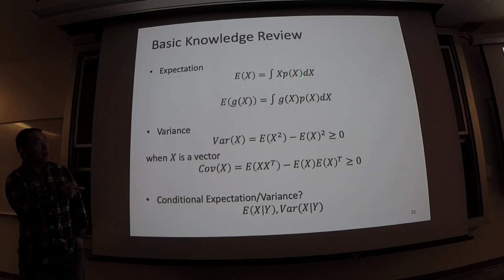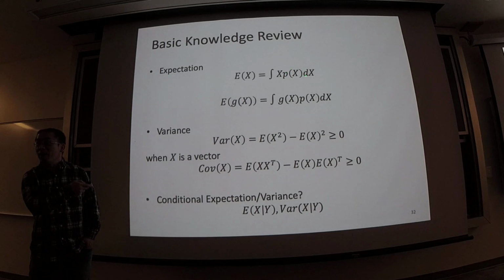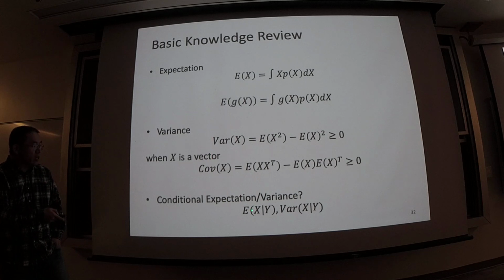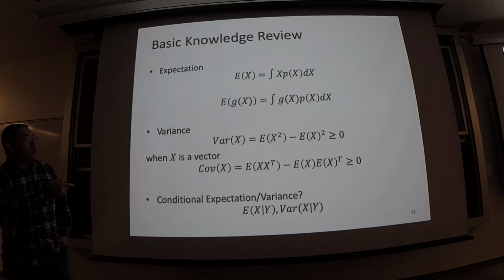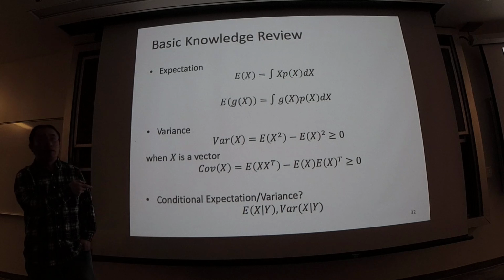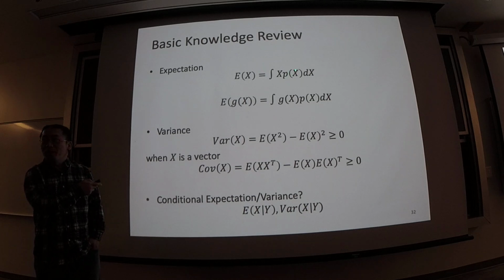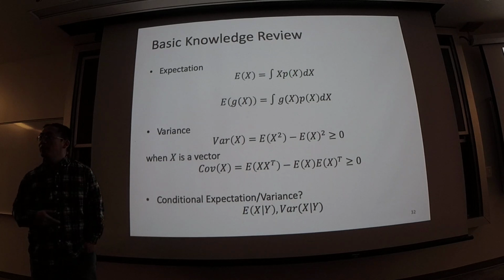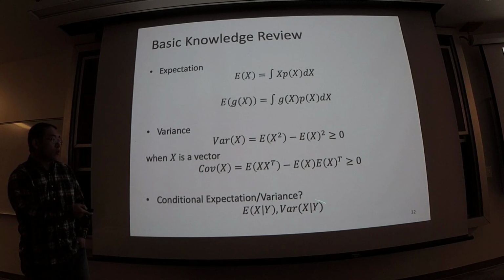We just replace the probability density here by the conditional density. So if I want to compute the conditional expectation of x given y, then in the integral, I'm going to replace p of x by p of x given y. And then similarly, you do the variances here: the expectation of x squared given y and the expectation of x given y, squared.